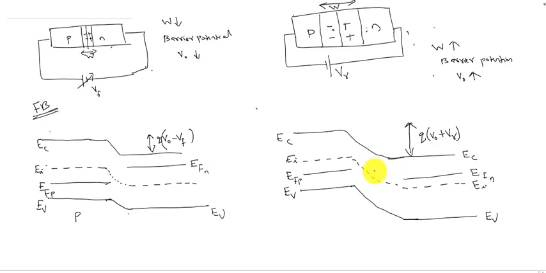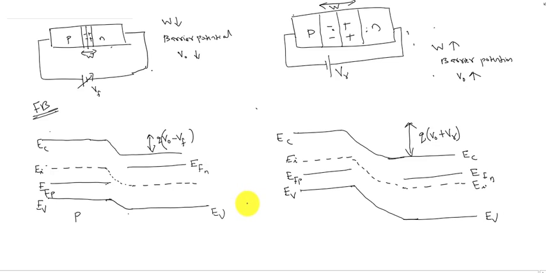So we have to understand the difference in the energy band diagrams of the equilibrium condition with the bias condition. Under equilibrium condition, the Fermi level is a constant, and during forward bias condition and reverse bias condition, the Fermi level is not a constant. Also, the barrier potential is changing.